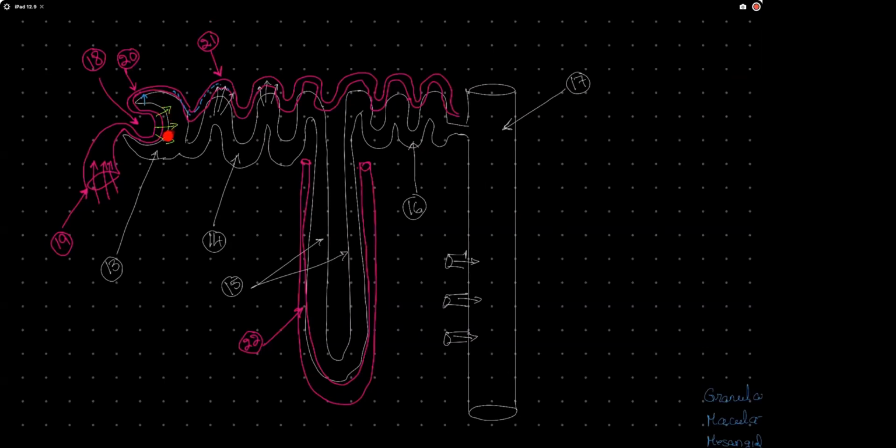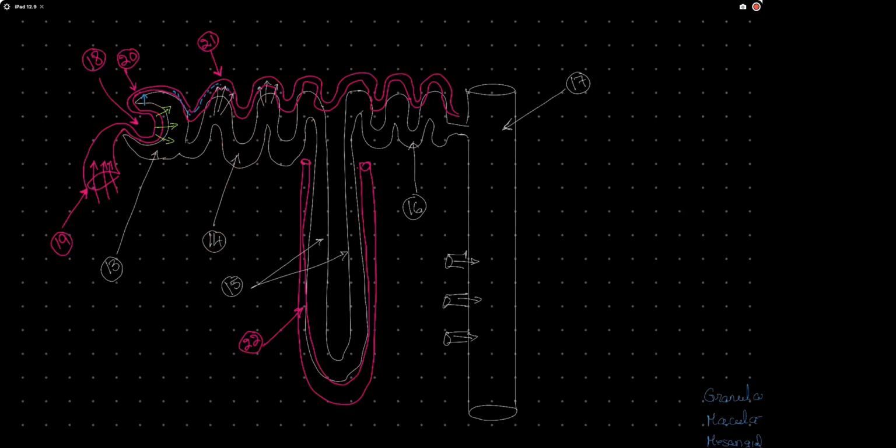Starting first here, I see a cup-shaped tube. This is going to be marked number 13. And then I have a set of highly convoluted tubules located close to this cup-shaped tube. This cluster of tubules is marked number 14.